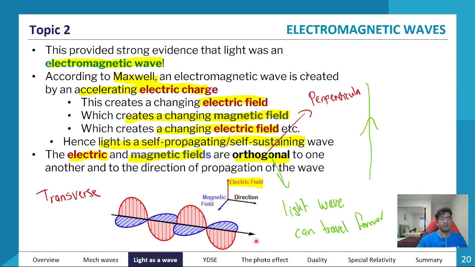So the light is traveling in this direction, and the energy is going perpendicularly to the direction of travel. And because it's perpendicular, we call this a transverse wave.